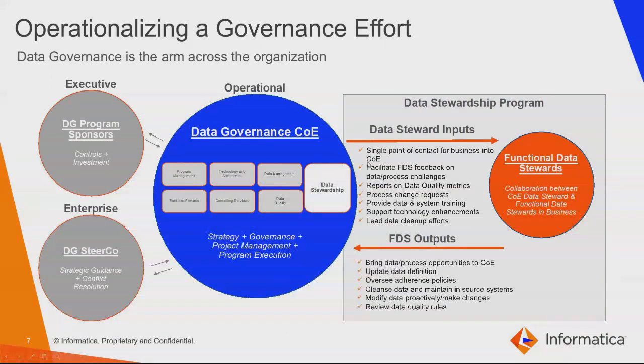An example of a data stewardship program can be getting the inputs from data stewards, who can be a single point of contact for business and facilitate the feedback, the updates and process challenges, reviewing the reports on data quality metrics, etc. And the output can be getting the opportunities to the COE and updating the data definitions for the glossaries, overseeing the adherence to policies, and cleansing the data based on the data quality metrics that have been reviewed.